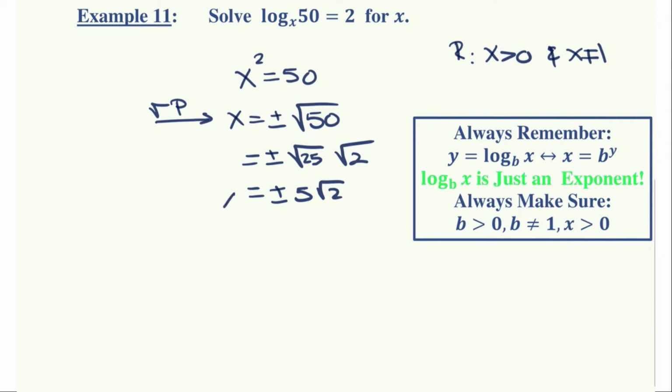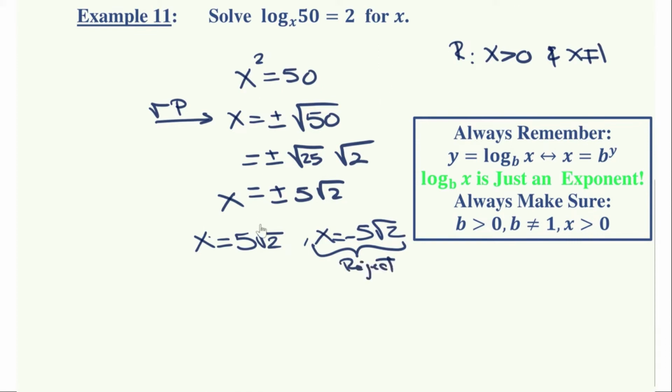So we notice right away that if we split that into 2 separate solutions, x equals 5 radical 2 or x equals negative 5 radical 2, this one right away fails this requirement, because a negative number is obviously not greater than 0. So this one we reject.